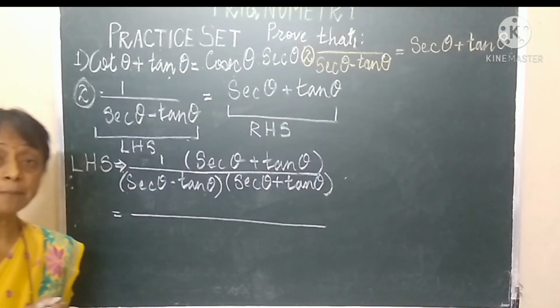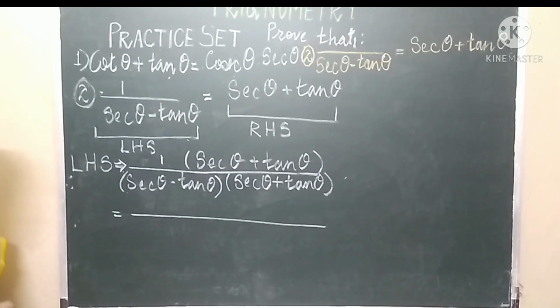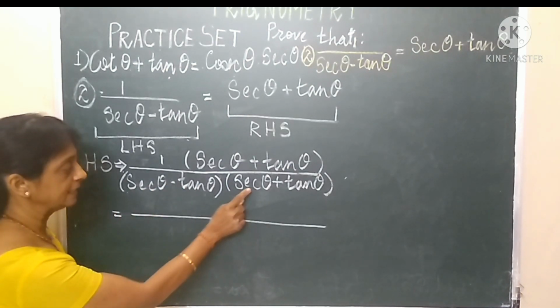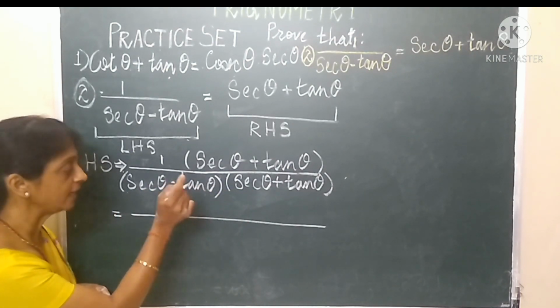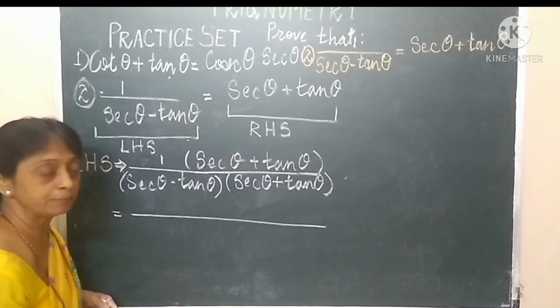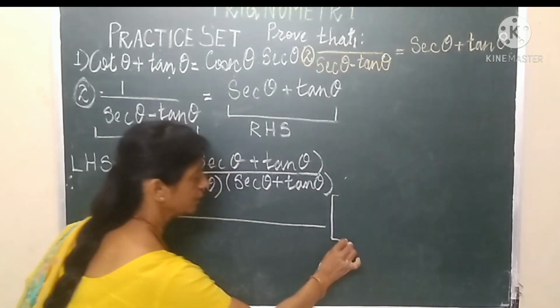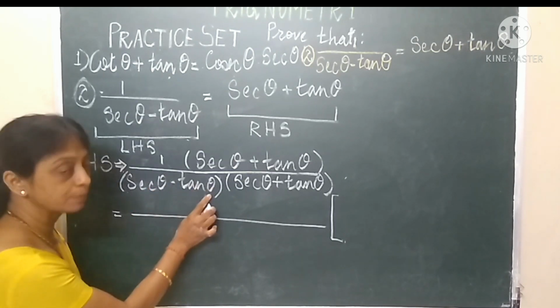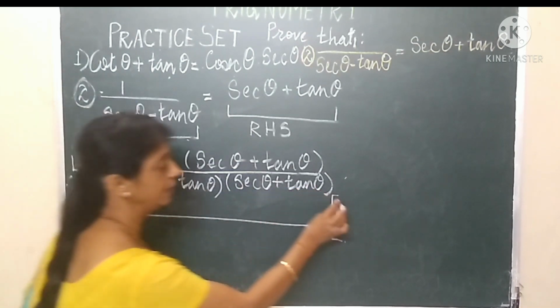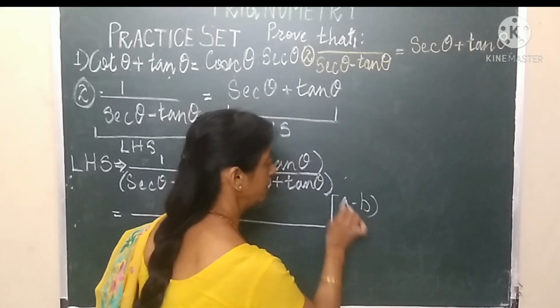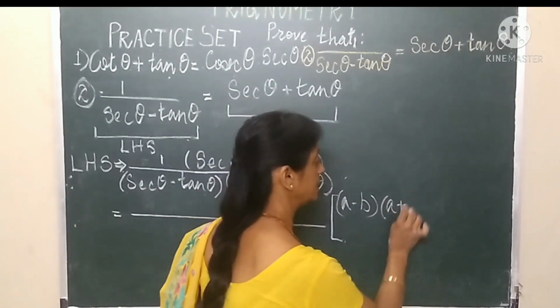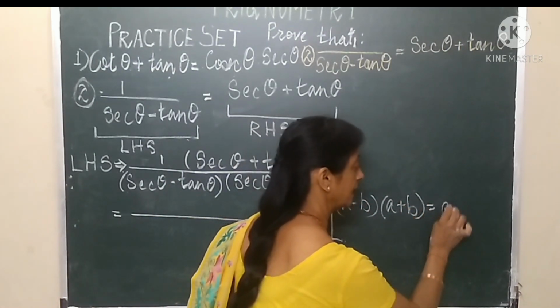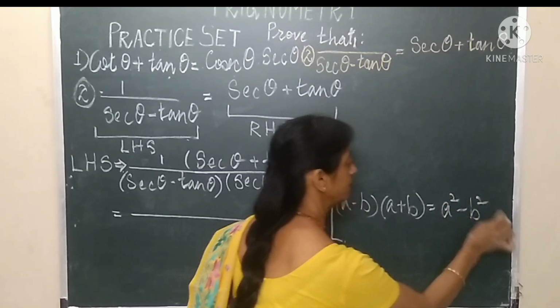Does this resemble any formula? Definitely, children. Sec theta can be termed as A. Tan theta can be termed as B. So, what does this resemble? A minus B into A plus B. A minus B into A plus B gives us A squared minus B squared.